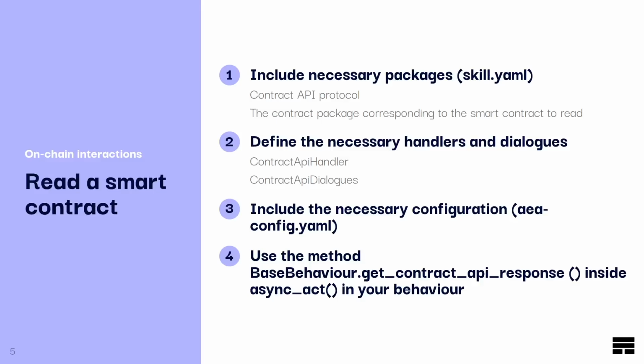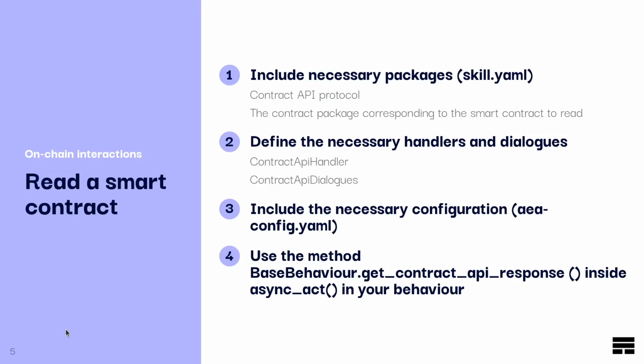Reading from a smart contract is very similar to executing a ledger request. We need to include the necessary packages. In this case, we need the contract API protocol, and we also need to include the specific contract that we want to read.